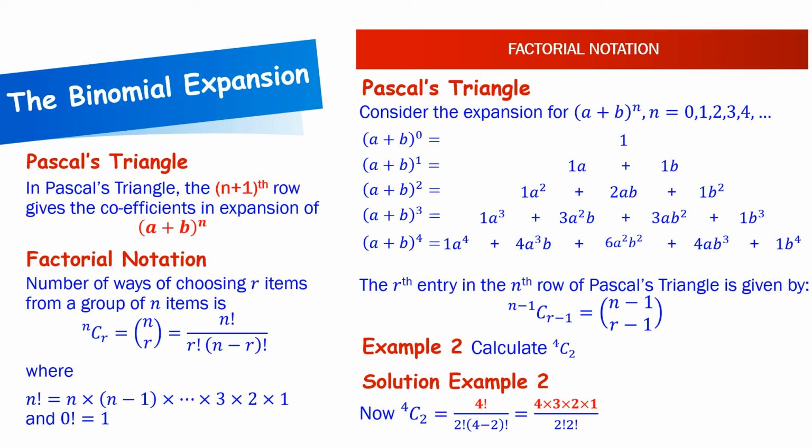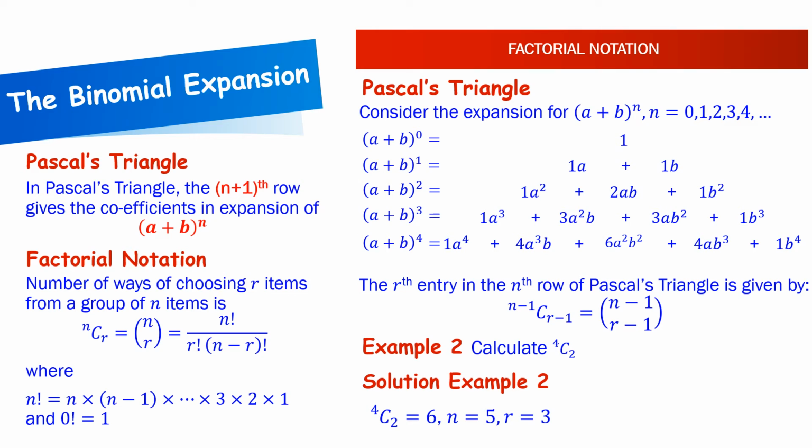This gives us 4 times 3 times 2 times 1 on the top, and 2 factorial times 2 factorial on the bottom. And of course, this gives us the expression shown towards the bottom of your screen. And this tidied up gives us 6. So 4 choose 2 is equal to 6.